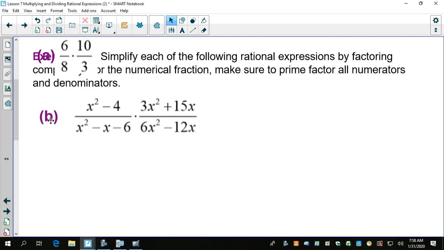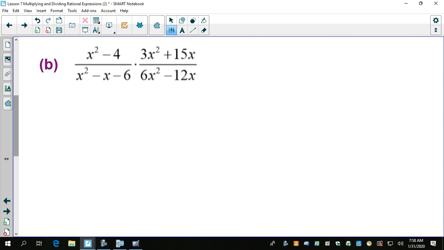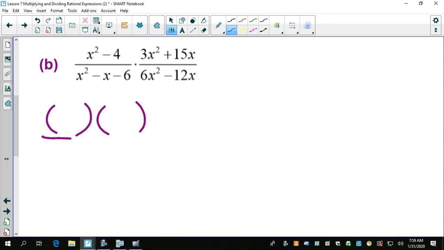So I have 2 rational expressions being multiplied. Now, this might look intimidating, but it's not. All you do is factor. So you factor and cancel out like factors. So, here I go. I'm going to start with the first fraction.